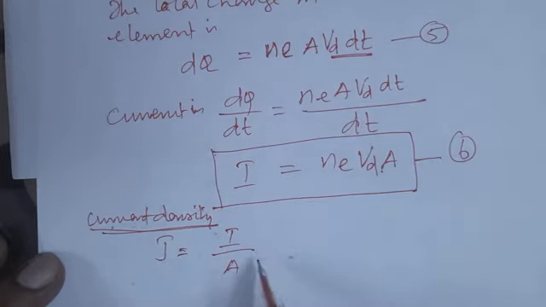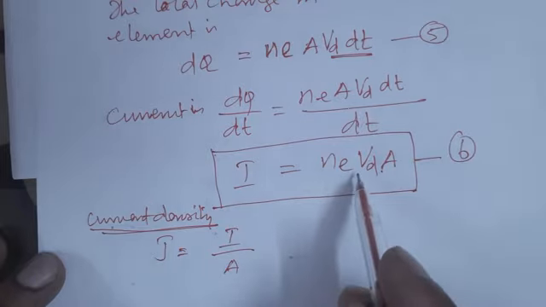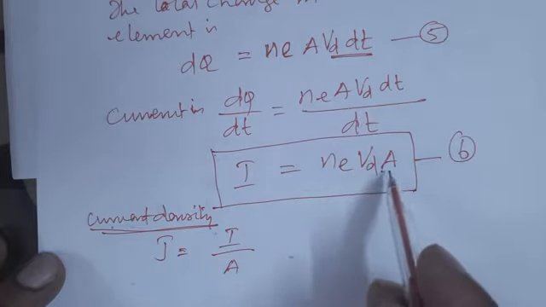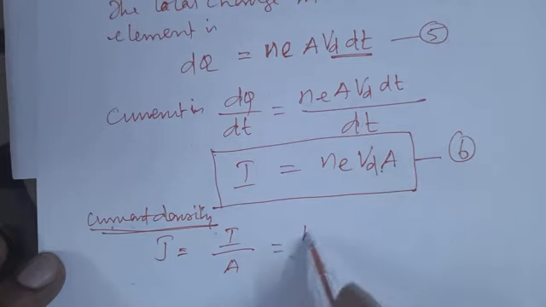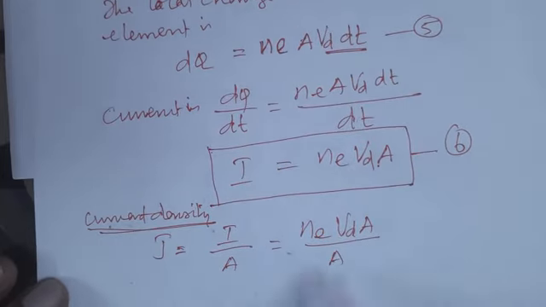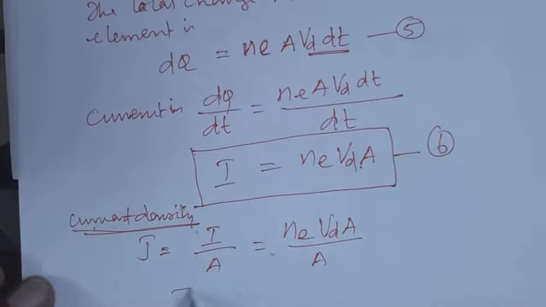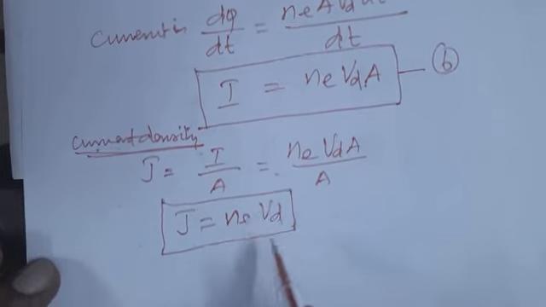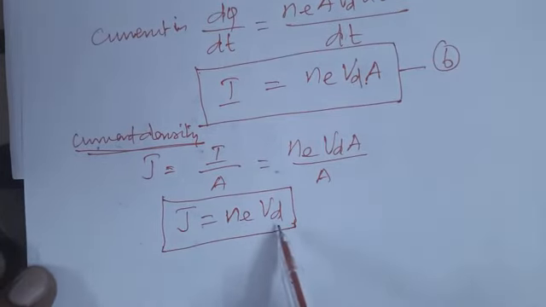Now substitute the value of I, which is n e Vd A, divided by A again. So A gets cancelled, and J equals n e Vd. This is the current density in terms of the number of electrons and drift velocity.